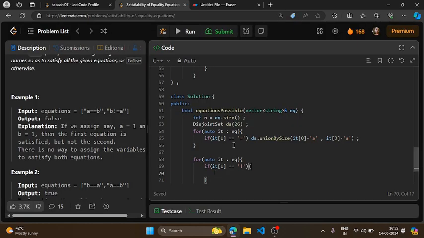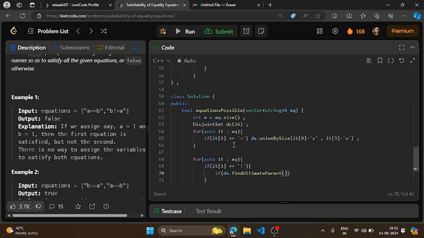So here I will check if it is possible to reach from this node to this node. So I'll simply check ds dot find ultimate parent. This is something I have told you about, the ultimate parent. The ultimate parent in a component of a graph is a single node which is considered the parent of all other nodes in that component, right? That is the simple definition.